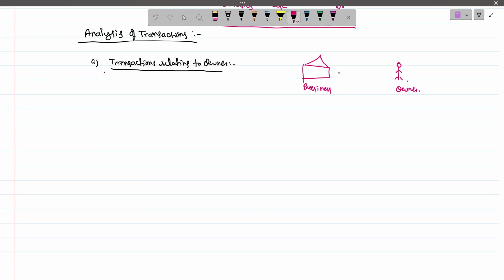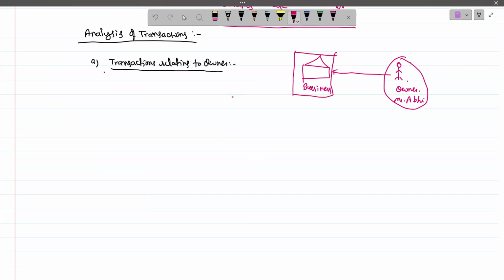Once the business is started by any person, the owner is treated as a separate entity. The owner is treated as an outsider. So once the business has started, the owner is separated from the business, and every transaction should be thought of from the point of view of the business.